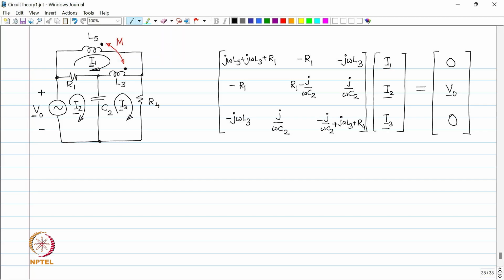It creates a drop j omega L 5 times I 1, correct, this one, but it also has a drop because of the other one, the mutual, right.